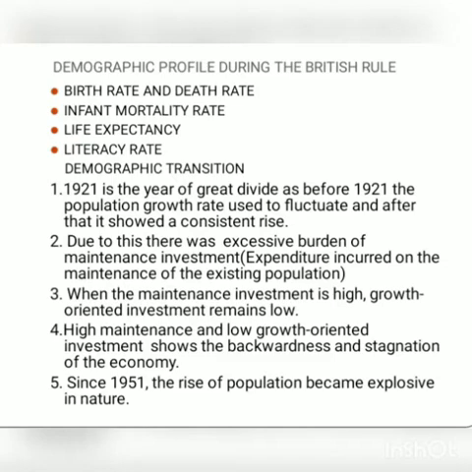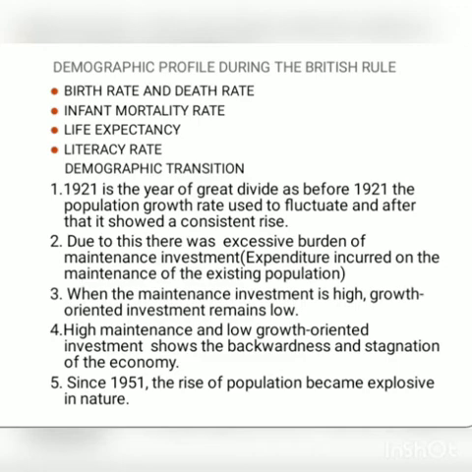And when we look at the demographic transition, the year 1921 was considered the year of great divide, because the population growth rate before 1921 used to fluctuate. One time it was increasing, the other time it was decreasing.